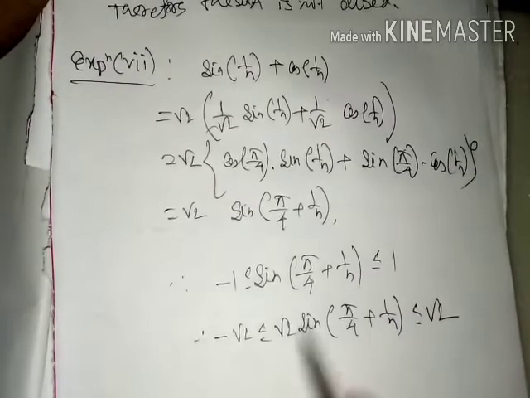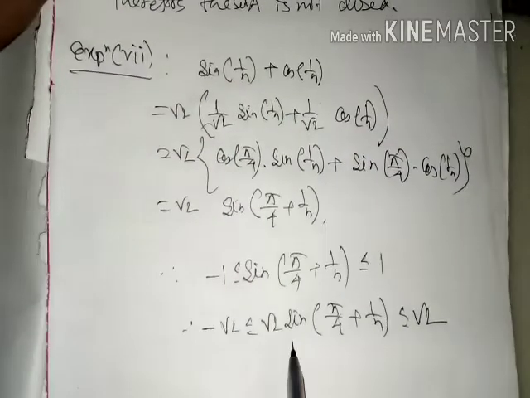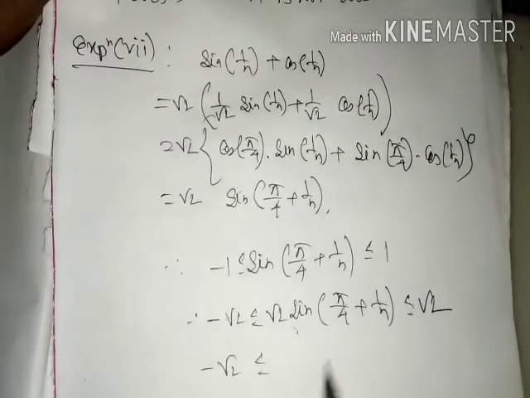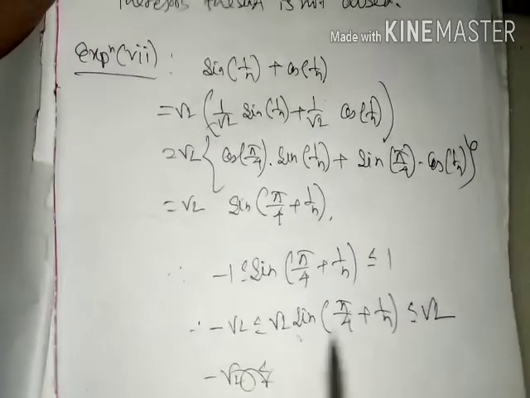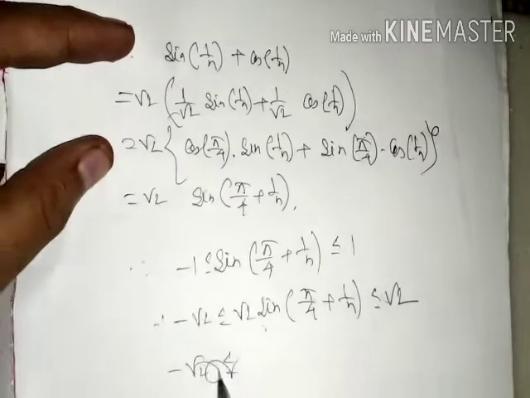So root 2 is an upper bound, and minus root 2 is a lower bound.